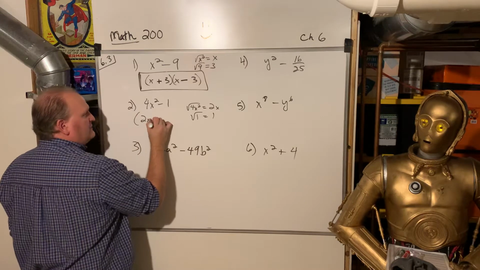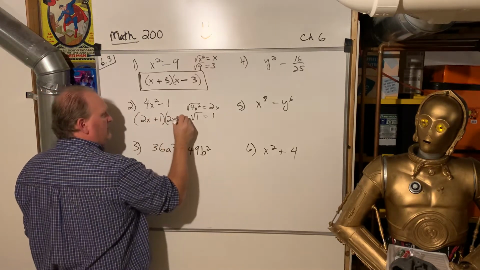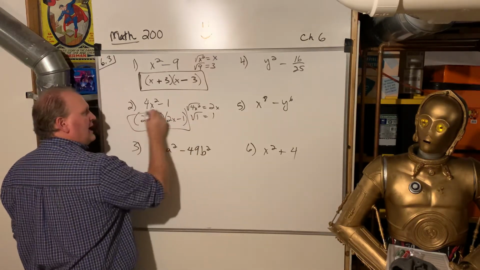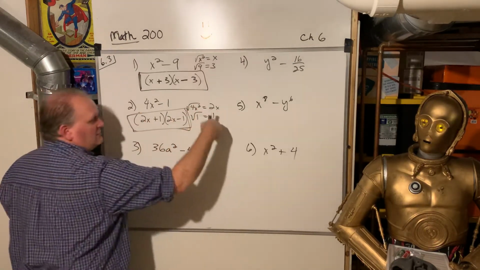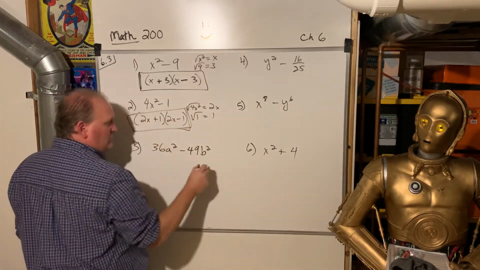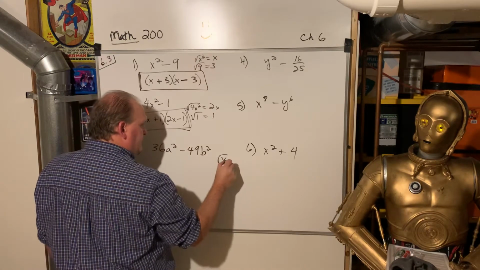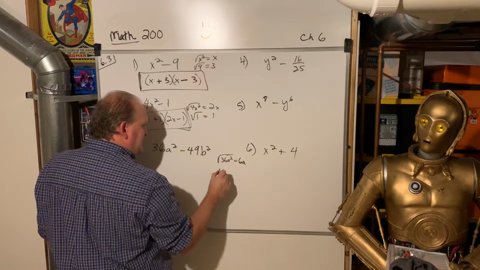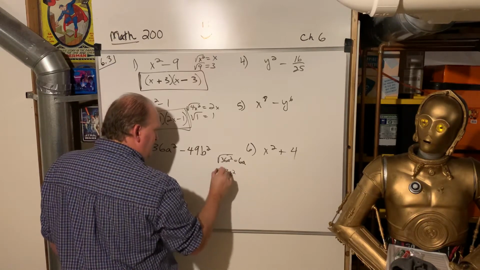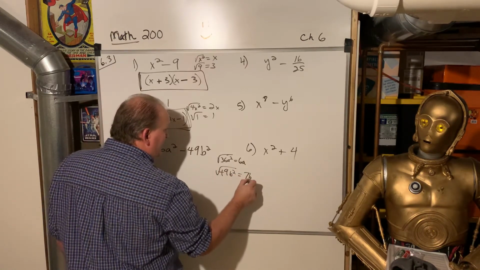So 2x plus 1 and 2x minus 1. And so you get to the point with these where you don't even have to do this work. You can just take the square root in your head. And so that's why most students find these to be pretty easy compared to the other one.